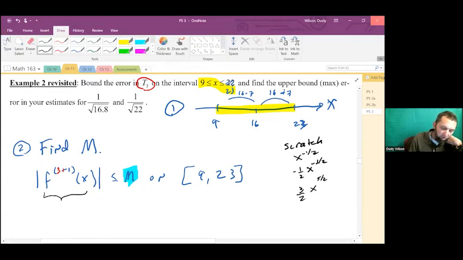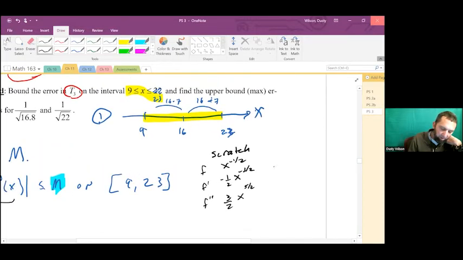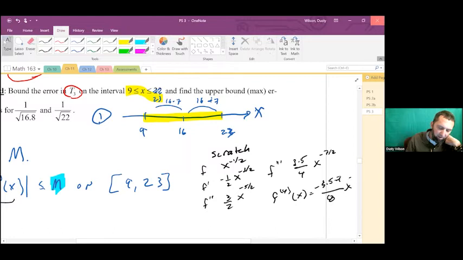So this is our original function f, f prime, f double prime, f triple prime would be 3 times 5 over 4 x to the minus 7/2, and the fourth derivative will be negative 3 times 5 times 7 over 8 x to the negative 9/2.